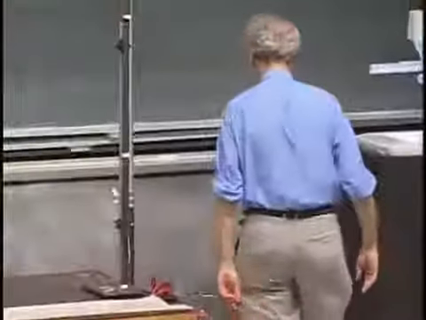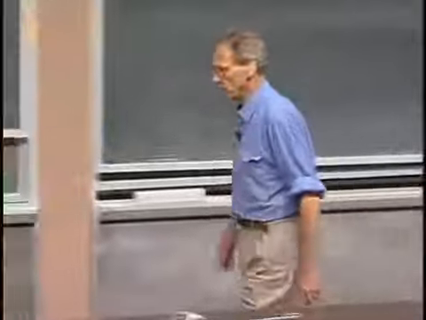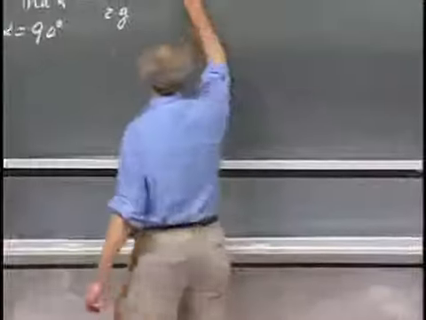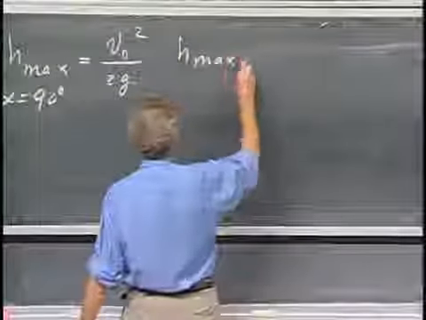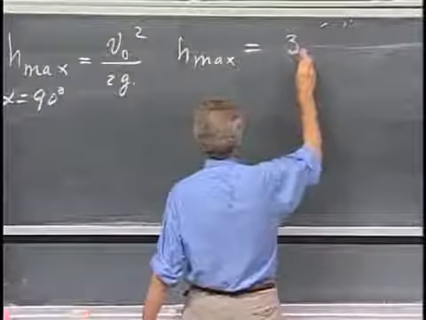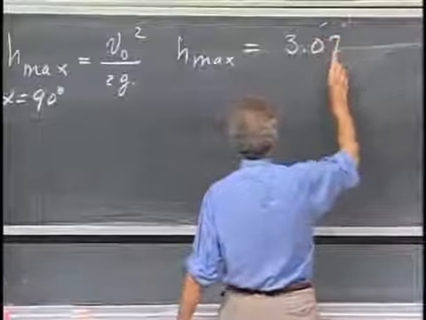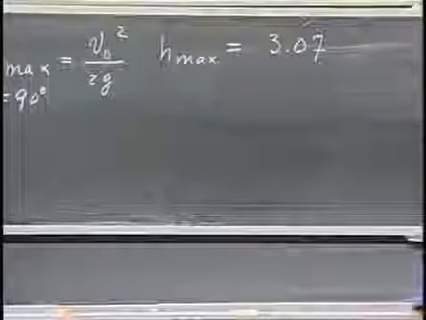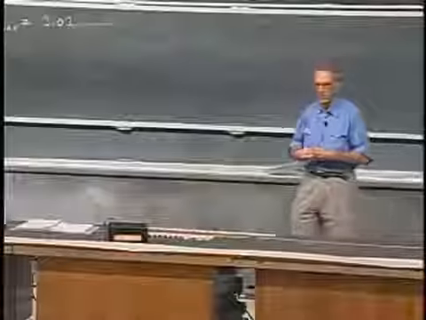So we will make 7, and we'll have to allow for an uncertainty. So H max is about 3.07. I have done this morning 20 times. And there were times that the height differed by more than 10 centimeters, sometimes even 15 centimeters.